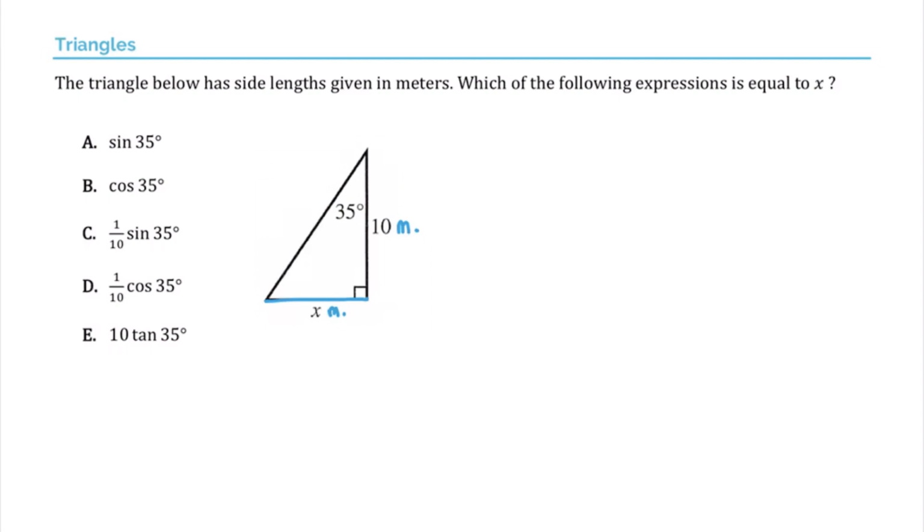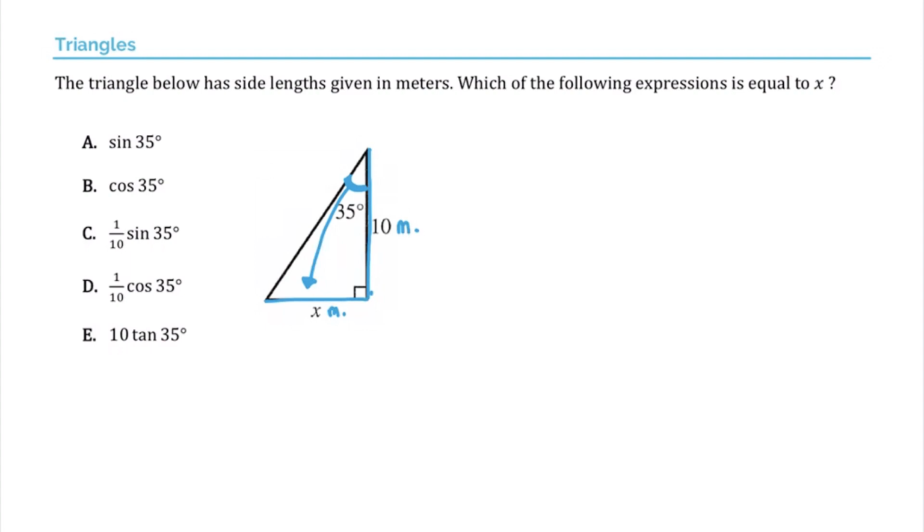Yes, it has a 90-degree angle, but to use Pythagorean theorem, out of the 3 sides of the triangle, out of the 2 legs and the hypotenuse, you have to have 2 of them. That's not what's happening here, right? In this question, we've been given an angle, and from that angle, we want to solve for the length of a side opposite, and we know how long is the side between that angle and the 90 degrees.